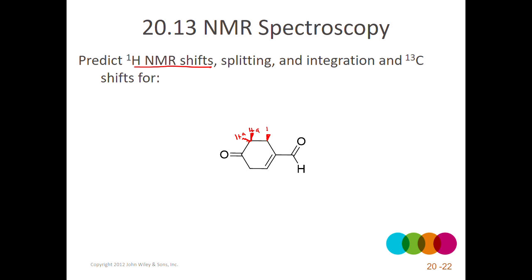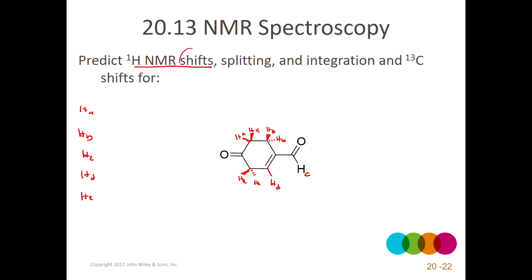Same thing here, these two would be equivalent. Call this one C, there's no proton here. Here we could call this one D. And then same thing here, these two are equivalent as well. So we have five different types of protons there.